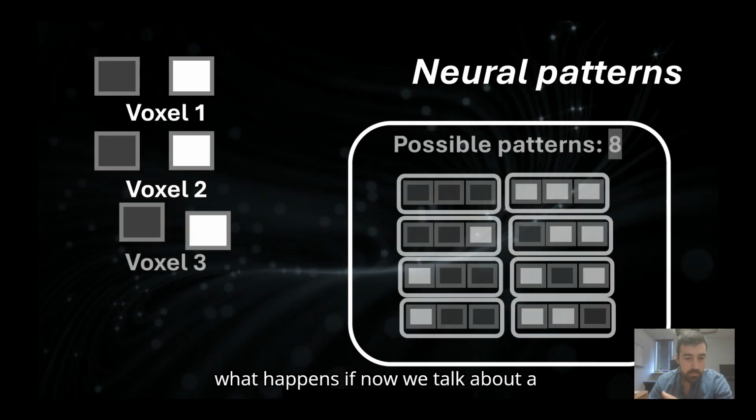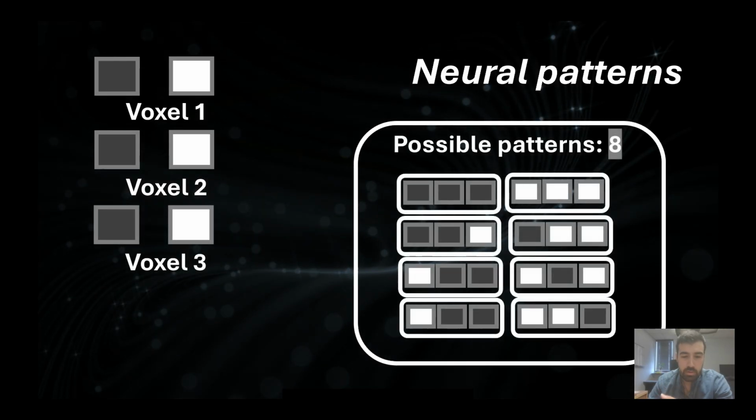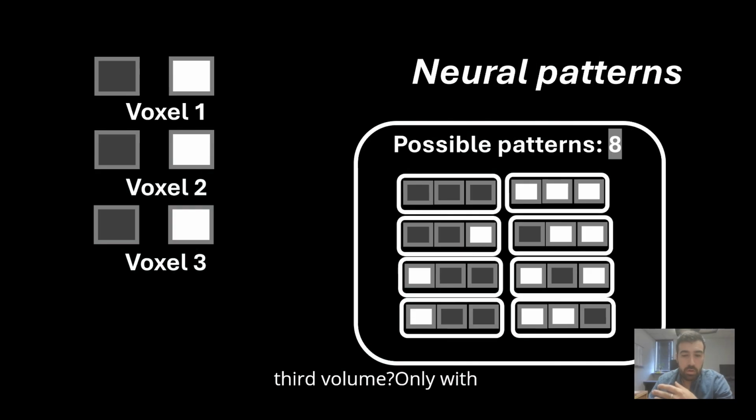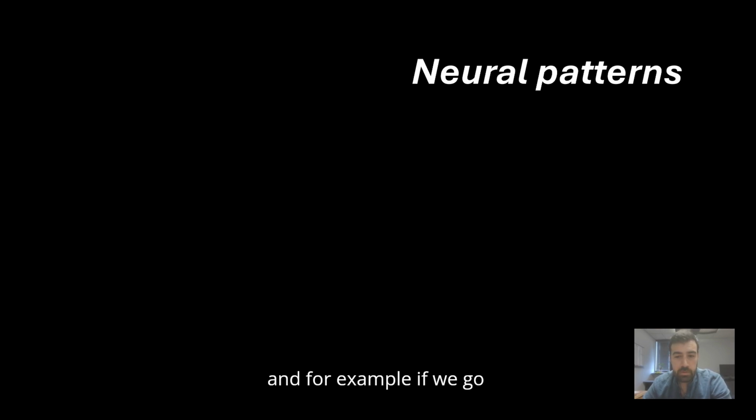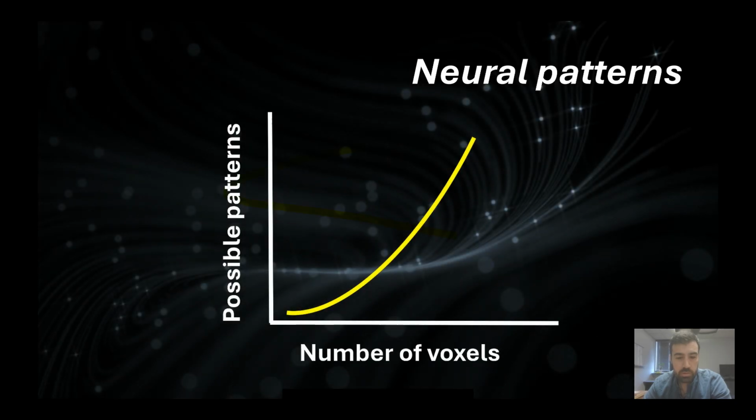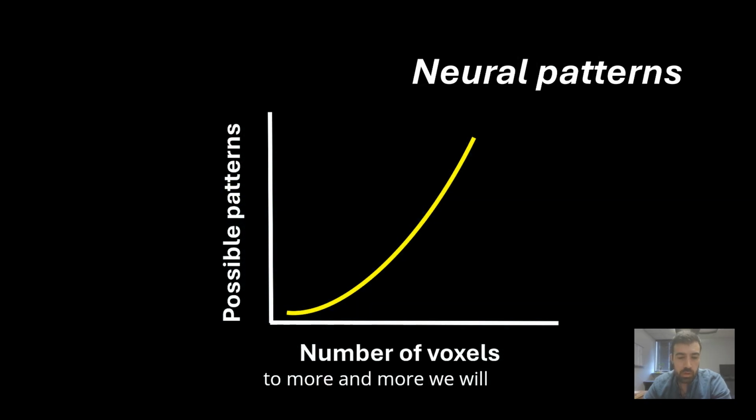And what happens if now we talk about a third voxel? With only 3 voxels, the number of possible patterns rises to 8, as we could have 0,0,0, 0,0,1, 1,1,1, 1,0,1, 1,1,0 and so on, multiple patterns. And if we go to more and more voxels, we will gain more information.